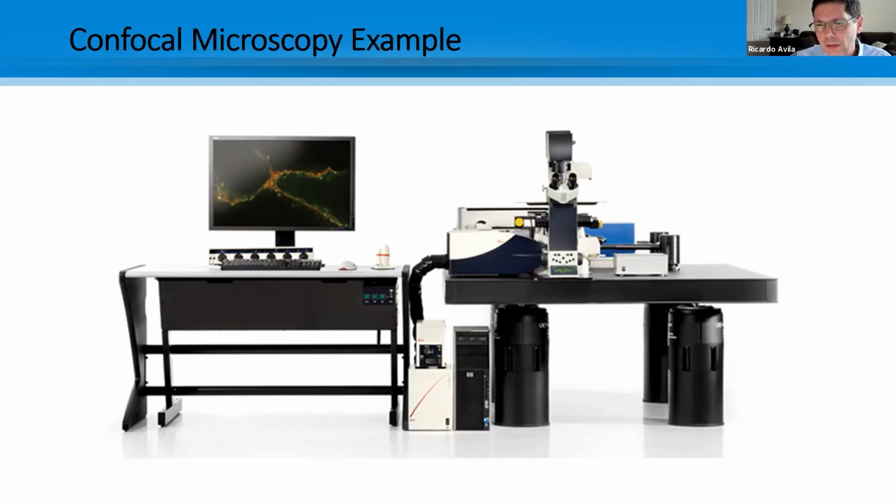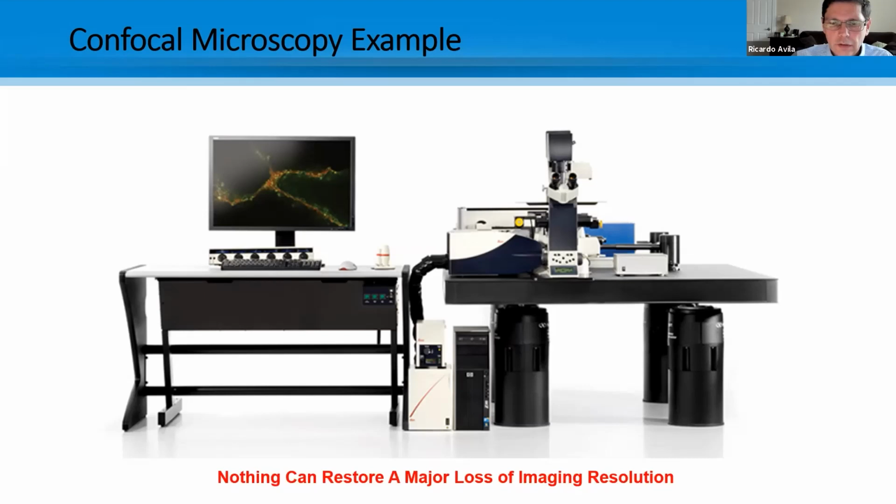Then just to drive this point home, if you've lost your resolution in your image because your scanner can't produce it or your scanner has some issue, which we see plenty of cases of, there's no algorithm, whether deep learning or others, that can restore it.